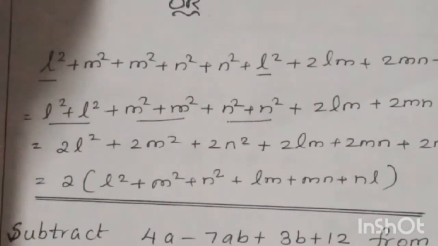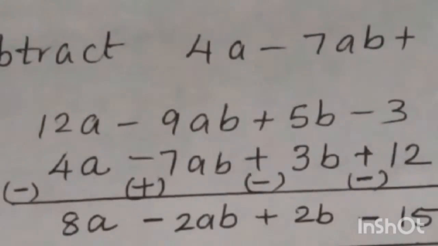Next it is subtraction. Next question: subtract 4a minus 7ab plus 3b plus 12 from 12a minus 9ab plus 5b minus 3. The second expression we will write first. Below that write the first expression. And you know how to subtract integers.